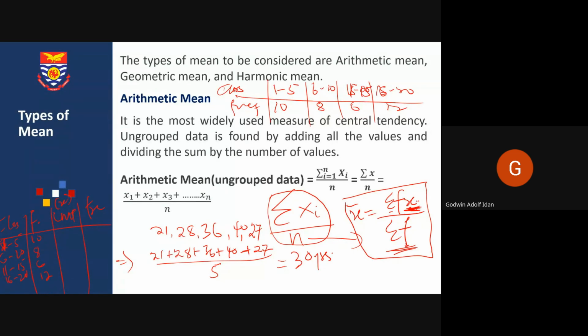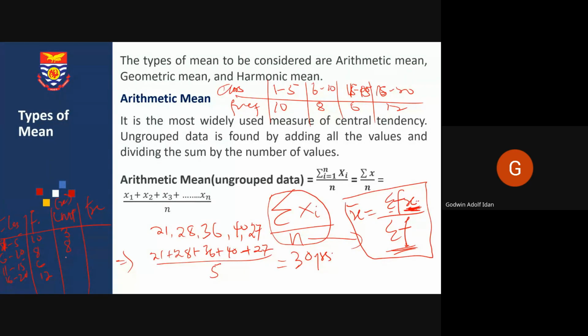So we have to compute the midpoint. So 1 plus 5 divided by 2 is going to give us 3. And then 6 plus 10 divided by 2 is going to be 8. 11 plus 15 divided by 2.